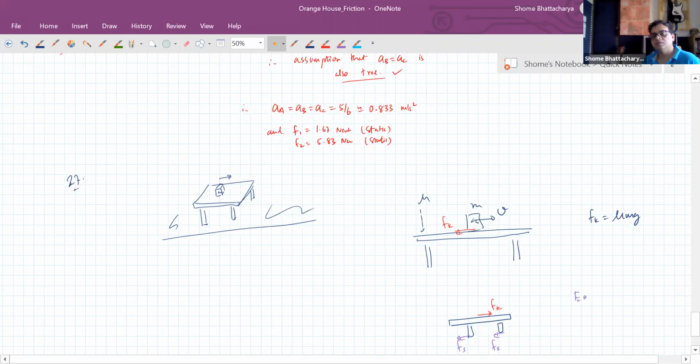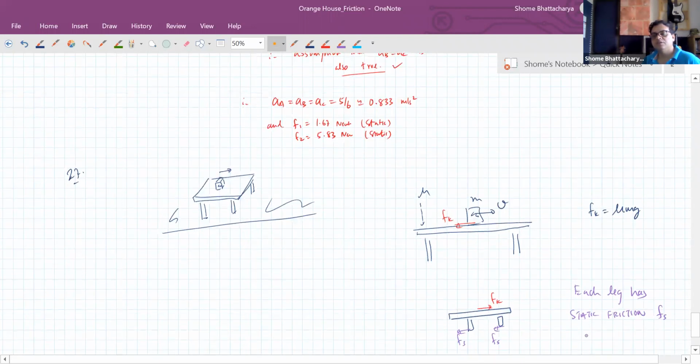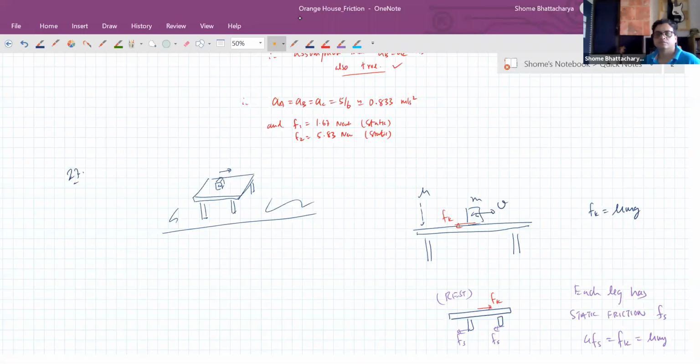So each leg has static friction Fs, let's say. So 4 times Fs has to balance this kinetic friction, that is mu mg, because the table is at rest. Okay. So that's question 27.